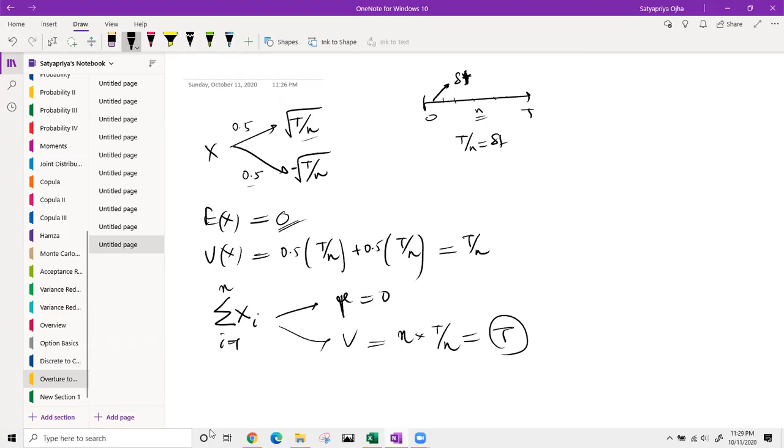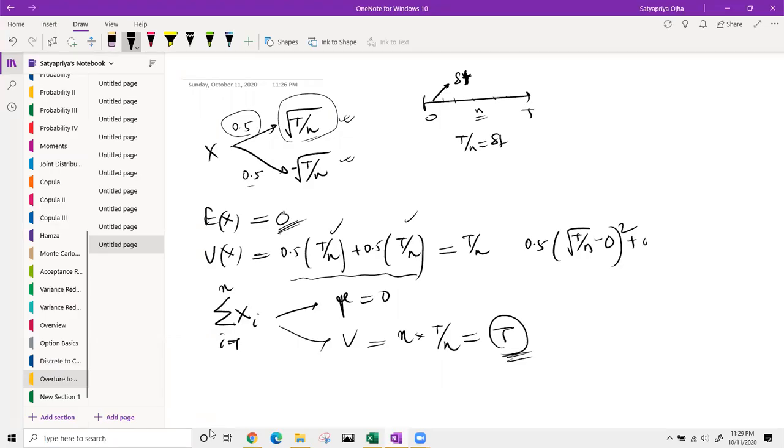Sachin asks, why did we take the square root of t by n? My target was, how can I have a variance of t? If I do this, then I can have a variance of t. So this is the calculation of variance: probability times square root of t by n minus 0, whole square. Let me write the steps in case you missed.